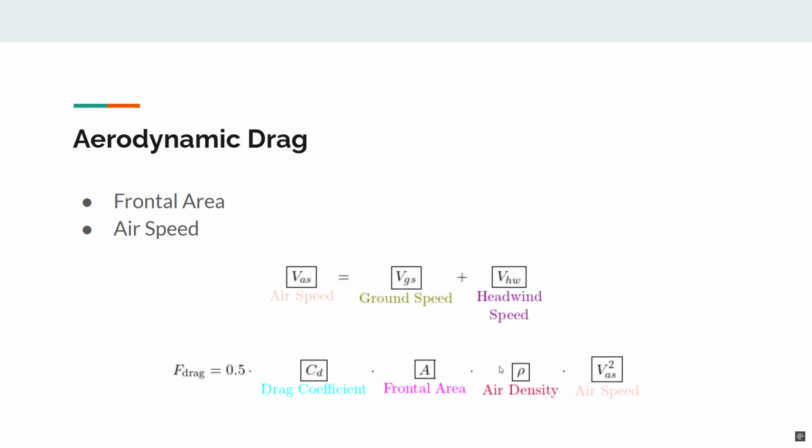And then air density. The air density is easy to find in this case because you just have to consider your altitude, and that's usually enough. Then if you want to be very, very precise, you should also consider how much water there is in the air, and so you should consider the weather as well.